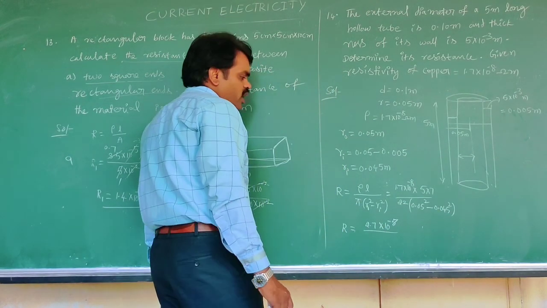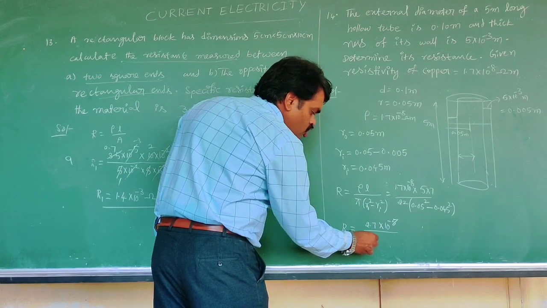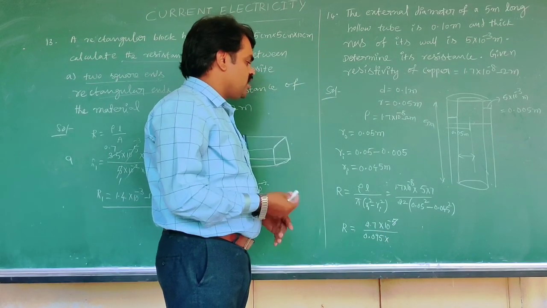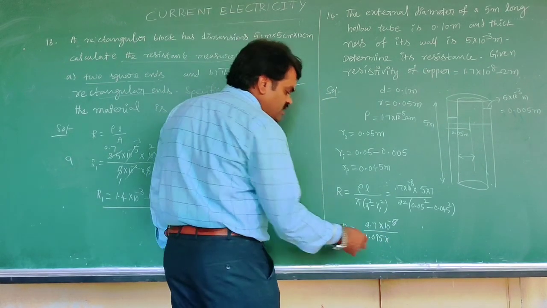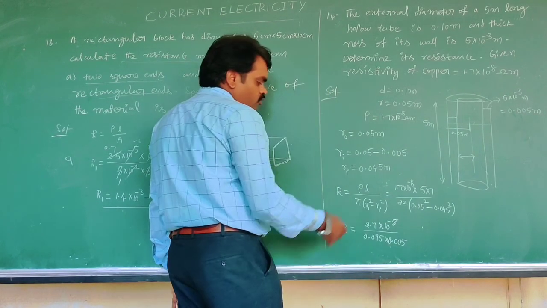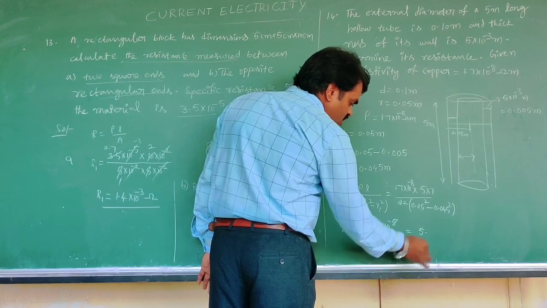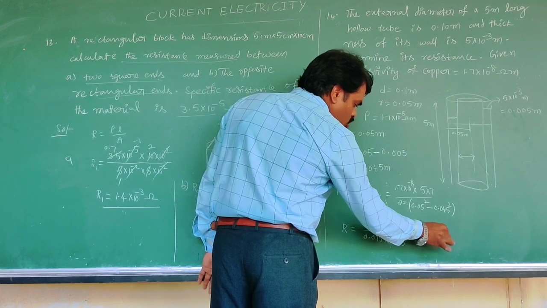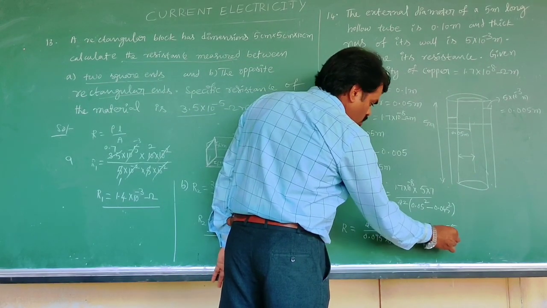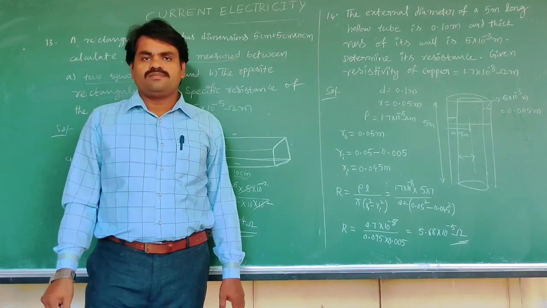A plus b is 0.095, into a minus b, which is 0.005. Then we cancel it and we will get 5.68 into 10 to the power of minus 5 ohms. This is the answer.